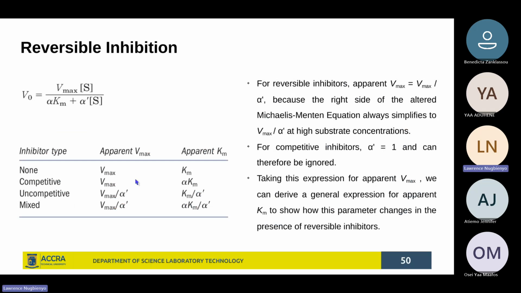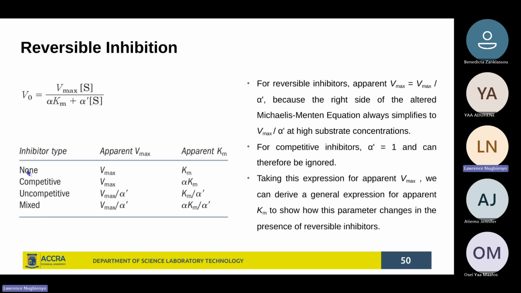Now, the table you see here is just a summary of the things we have looked at so far. The table brings together the various forms of inhibition which we have looked at, which are competitive, uncompetitive, and mixed inhibition, compared to the reaction without an inhibitor.